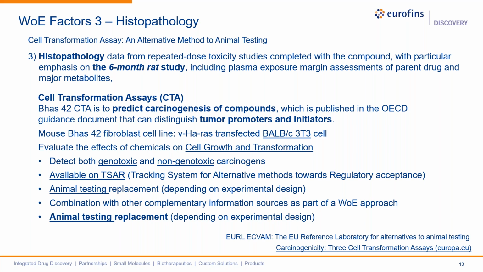The BALB/c 3T3 CTA is specially designed to predict carcinogenesis of compounds with cell models and phenotypic assays. This is significant because it is published in OECD guidelines and can distinguish between tumor promoters and tumor initiators as an animal alternative method.